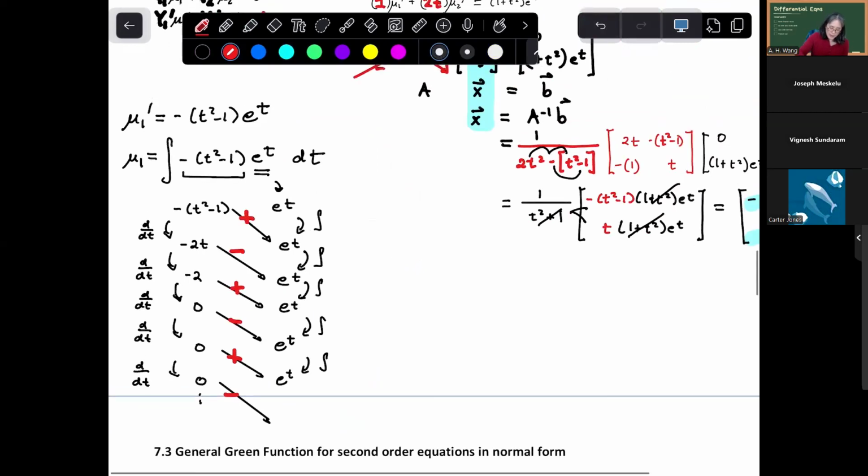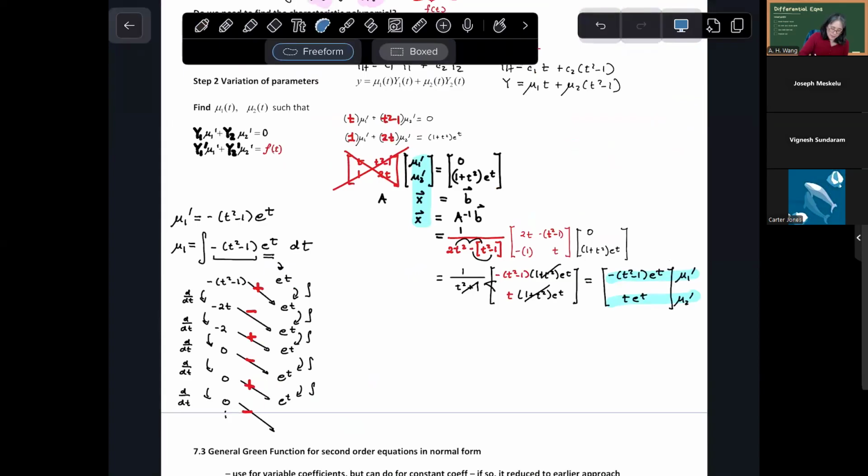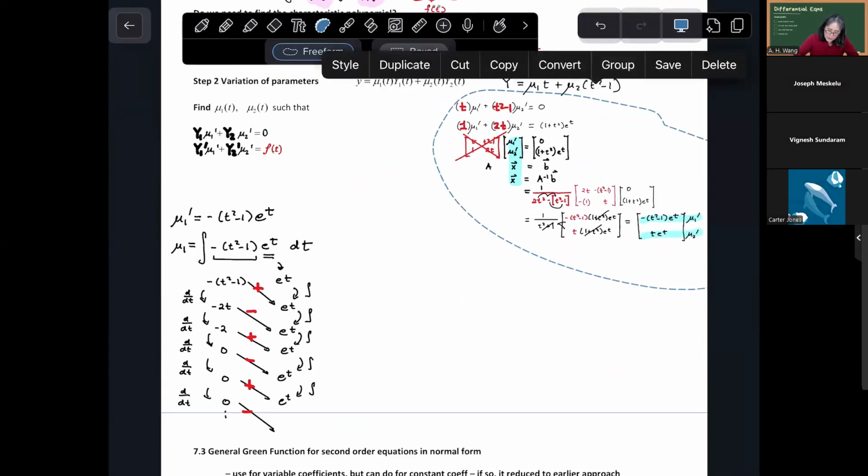Now when you write out the final integration, let me clean this up a little bit, make it smaller and move this off to the side.